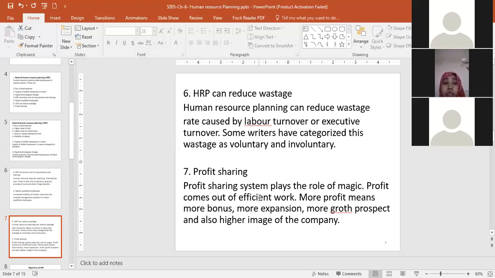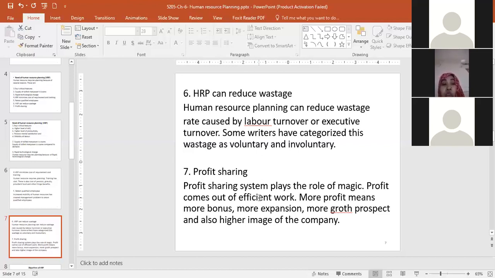What do we mean by voluntary wastage? Voluntary wastage includes departure on account of marriage, migration, running after money, more convenient posting, more promotion, better prospects, better working environment, and lucrative facilities.